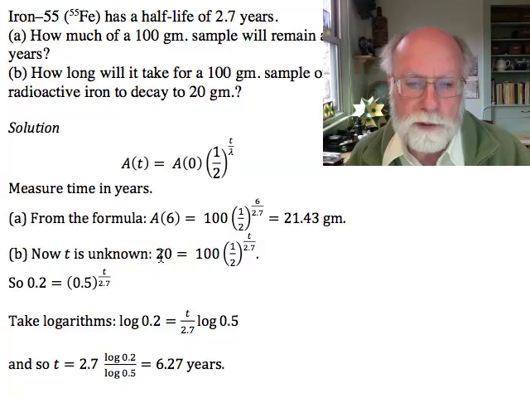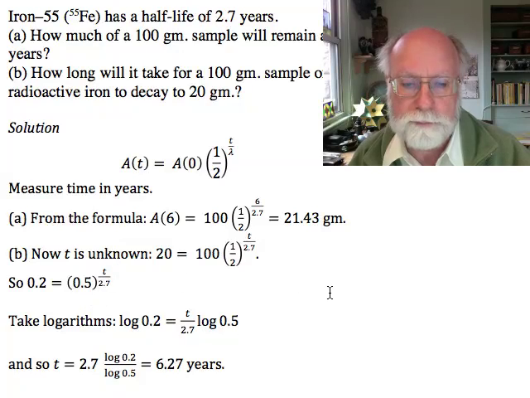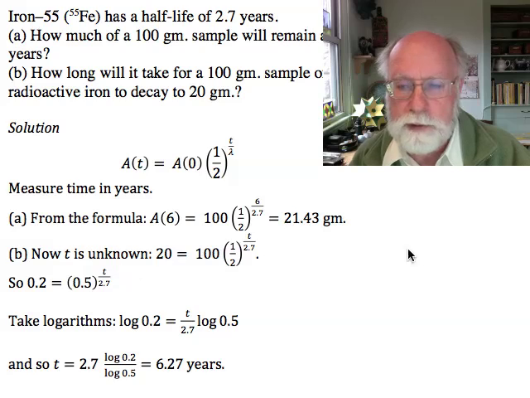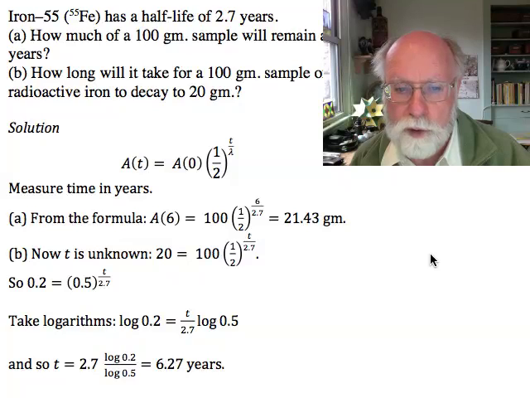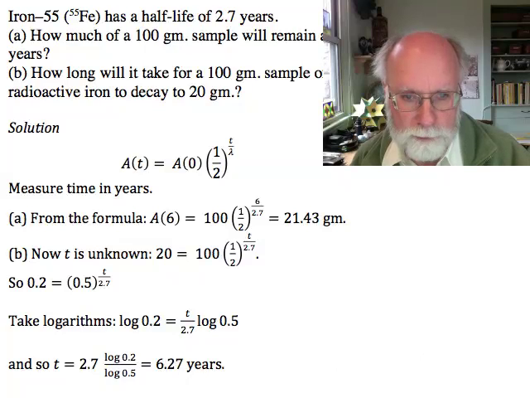So if we just divide 20 by 100, we get 0.2 is 0.5 to the t over 2.7. The variable is in the exponent. We can't really solve for it up there. We have to use logarithms to bring it down onto the line. So we take logarithms. We get log 0.2 is t over 2.7 times log 0.5. Solve for t and we get 6.27 years.